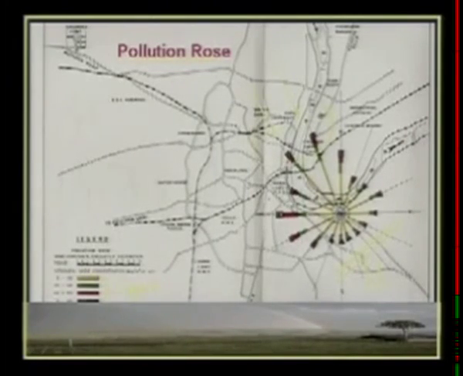But the pollution rows will tell you many things. This is the actual data taken from a site, and you can see how useful pollution control decisions can be taken just based on a simple graphical output that we can generate with very little effort.